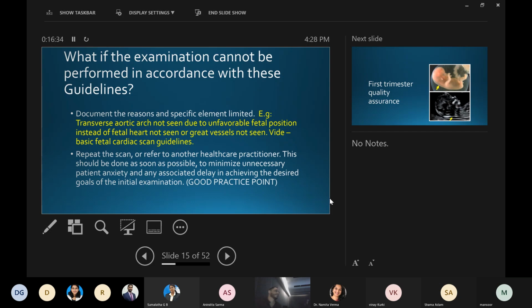So be more specific and then repeat the scan. Maybe if you repeat the scan, the baby will be in a more favorable position. Or you refer it to some of your colleagues if you want a second opinion from another colleague. And this should be done as soon as possible to avoid patient anxiety and associated delay in achieving the desired goal. That is, if there is any abnormality, we should not be late in detecting it.